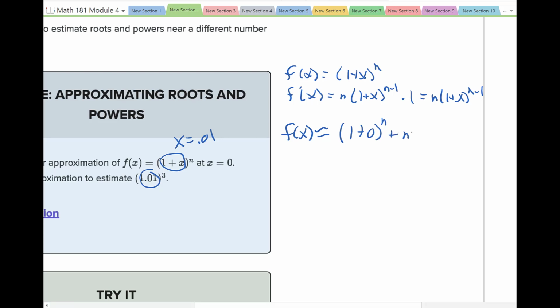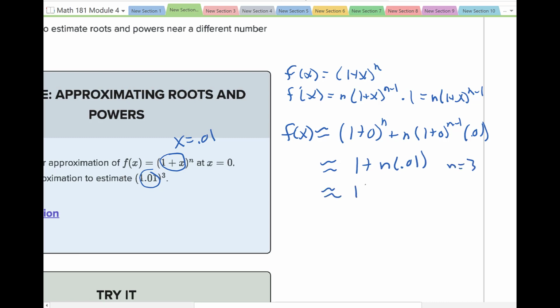Plus n times 1 plus 0 to the n minus 1 power times our 0.01. So this approximation would be 1 plus n times 0.01, and then the n in this case, it was the third power.